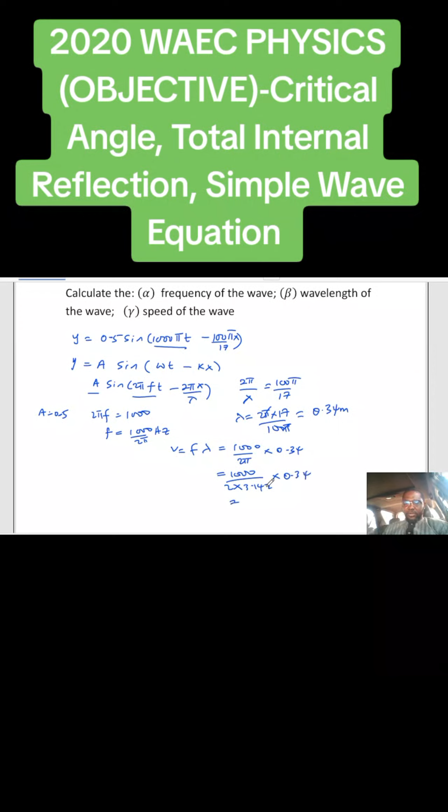So if I say 1000 times 0.34 divided by 2 times 3.142, I get 54.111 meters per second. Okay, so that's the answer to that question.